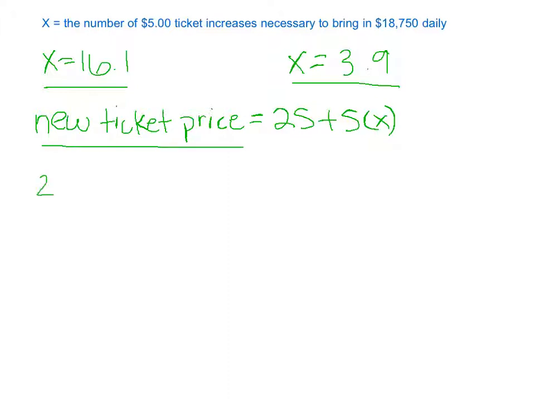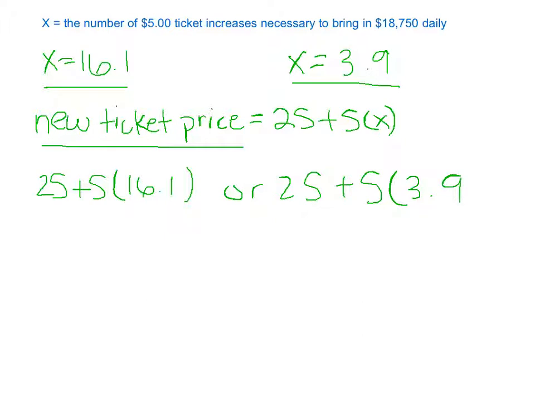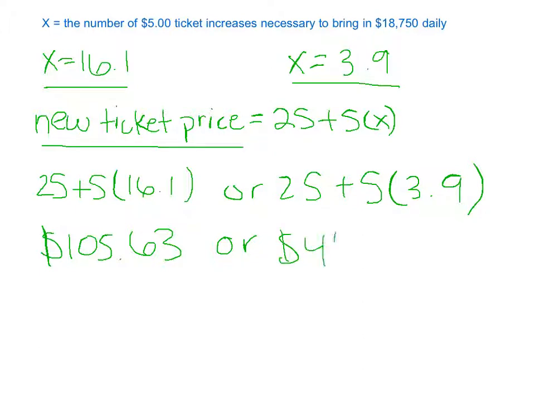So to do this, I get 25 plus 5 times 16.1, or 25 plus 5 times 3.9. After solving for this, I get a possible new ticket price of about $105.63, or a possible new ticket price of $44.38.